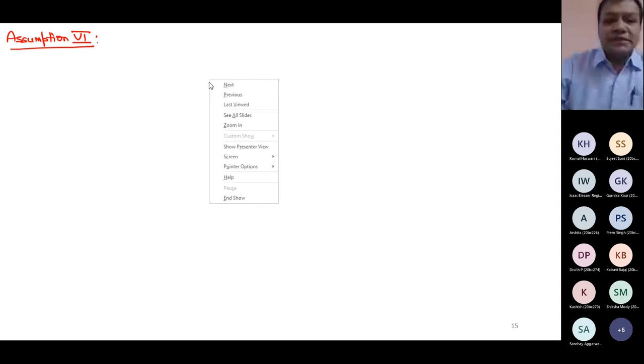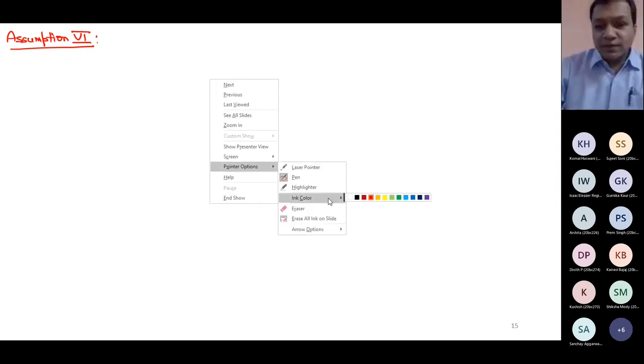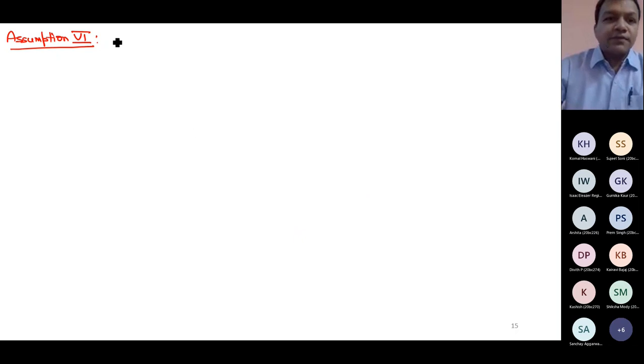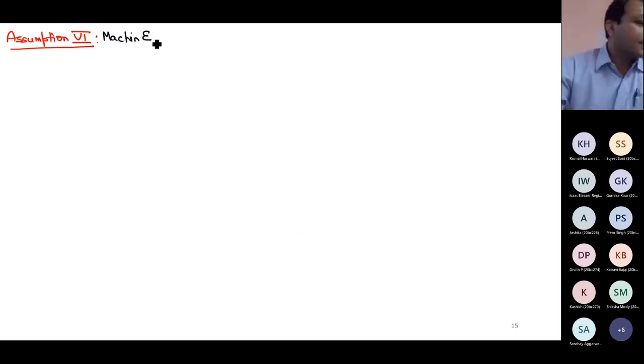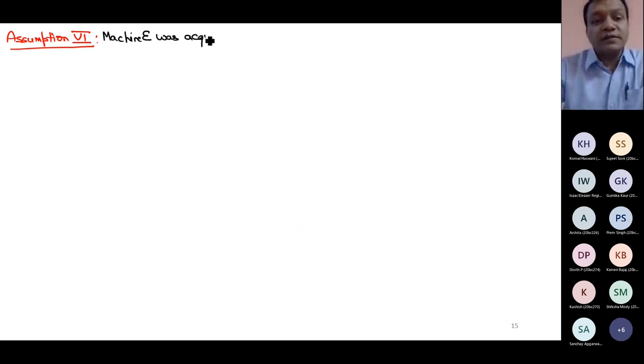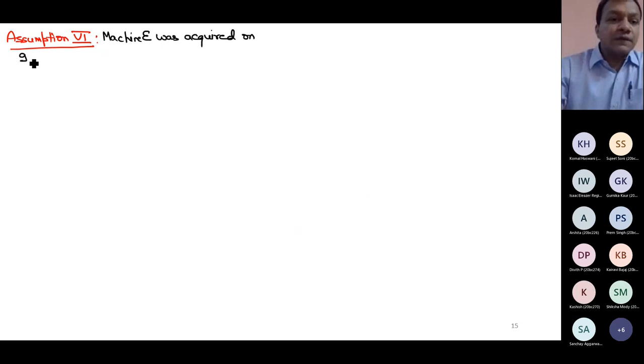Now I'm saying that machine E was acquired on 9th December 20. In the original example also, it was acquired on 9th December 20.